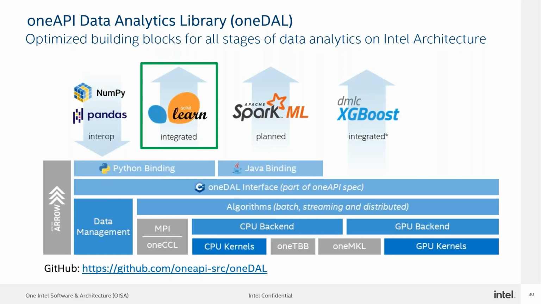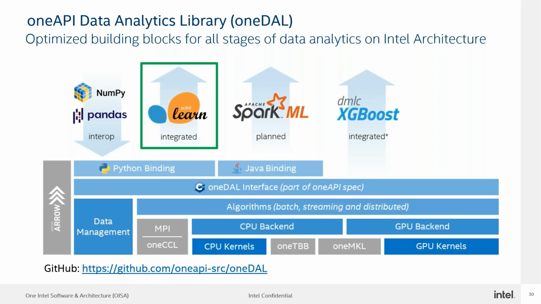So we use OneMKL, a library specifically to optimize linear algebra computation on Intel architecture. It covers optimization for matrix computation, vector computation, as well as matrix and vector computation. So we use OneMKL as the backend to speed up these mathematical calculations.